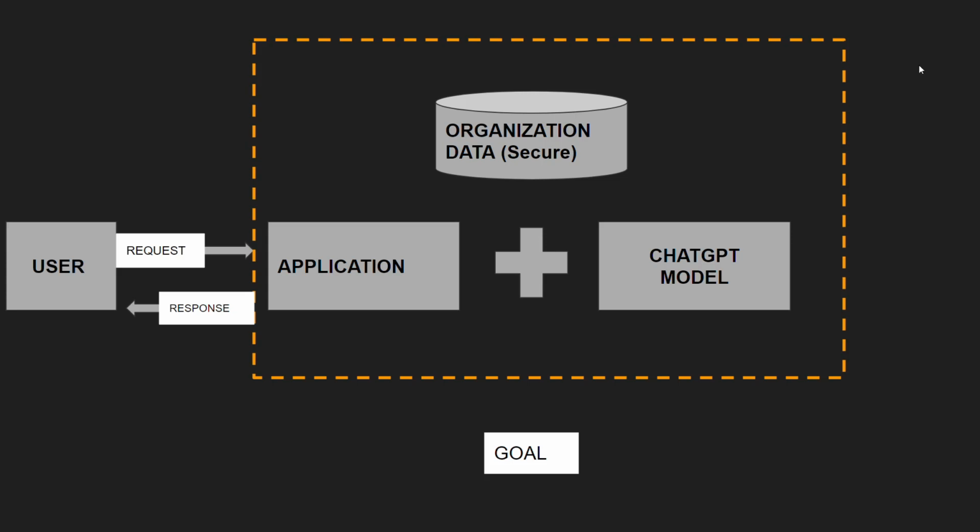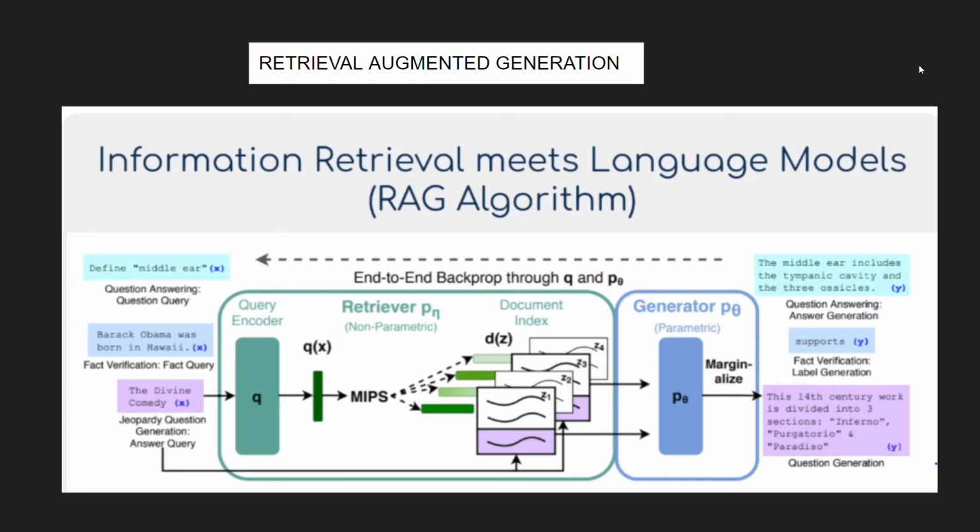But before going to the actual application, we have to understand a basic model that was released by Hugging Face recently, which is called retrieval augmented generation. This is a new model using which we can ensure that data is outside ChatGPT, and we can also pass key information to ChatGPT and get the desired result from the organization data which is outside of the ChatGPT model.